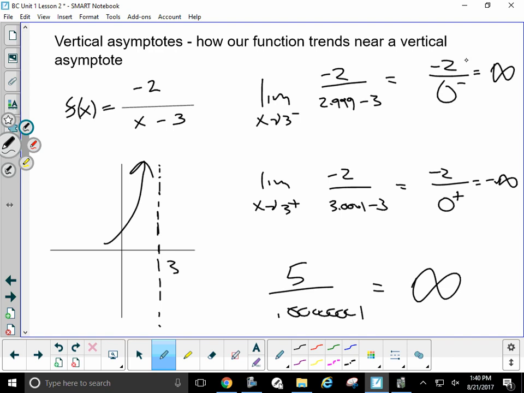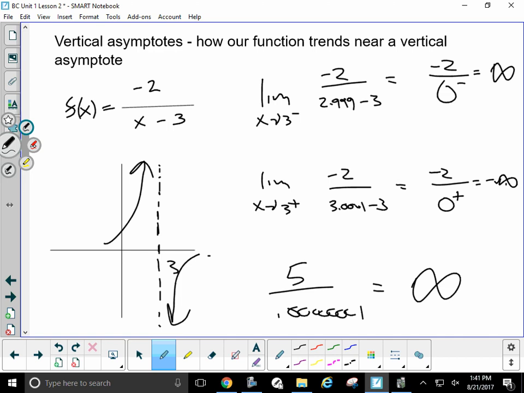Why? Negative divided by a negative, positive. Number divided by something infinitely small, infinity. Here, negative divided by a positive, negative. Number divided by something infinitely small, something infinitely big. That's how I can tell that close to 3, my function's trending like that, from the right and from the left.